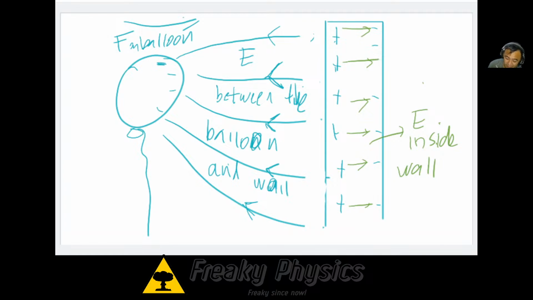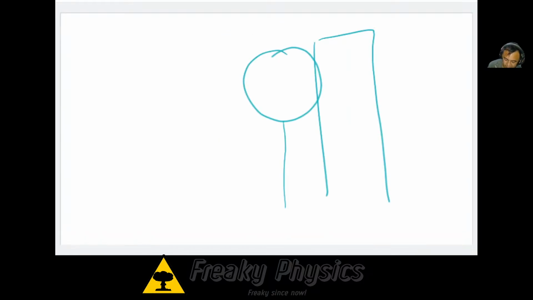What would happen later on is that these electrons are on the surface of the balloon. So let's just draw that here. There's your wall. Here's your balloon. They're touching now, right? So these negative charges, because they're on the surface, can actually jump from the balloon into the wall. This makes the balloon eventually lose charge, and then later on it will drift away.